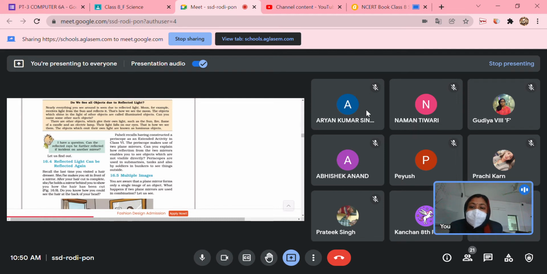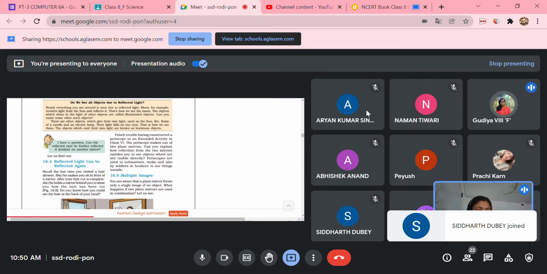That is why the first paragraph in the yellow patch says non-luminous objects are called illuminated objects. They get illuminated when light falls on them, and luminous objects themselves give light to other objects.